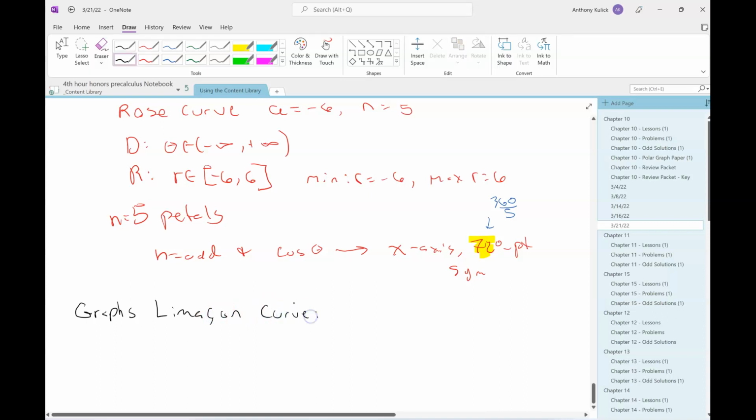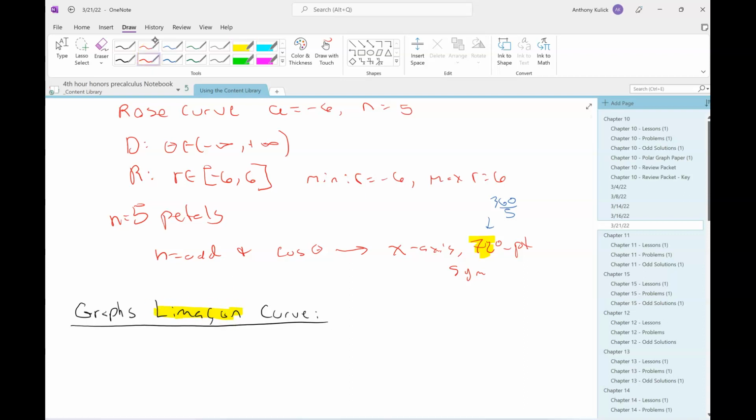And so this word limaçon is like a last name for a mathematician or something. It's got that c with the little comma attached to it. I don't remember. What are those things called? Language people? Anybody know? Somebody Googled it second hour for me. I've forgotten already.